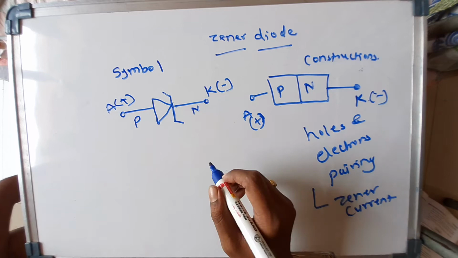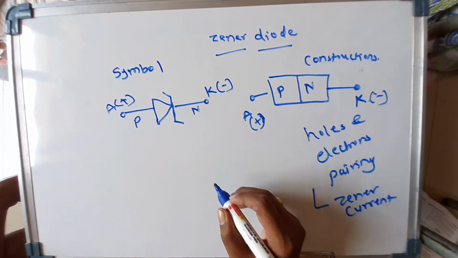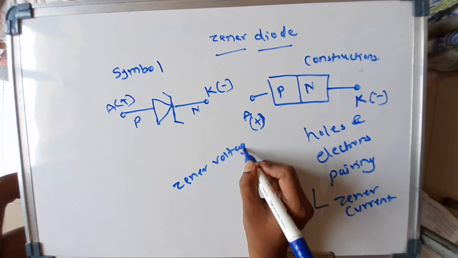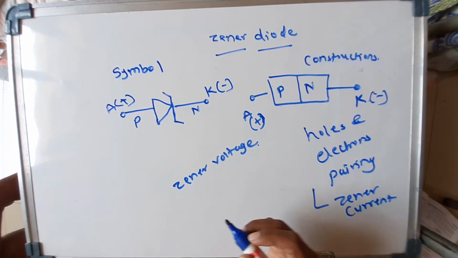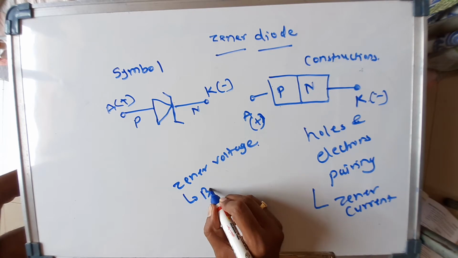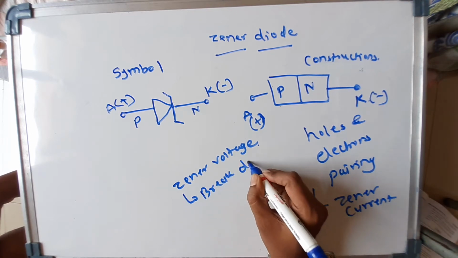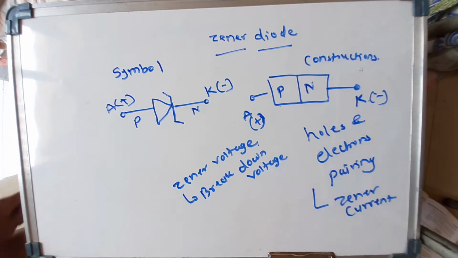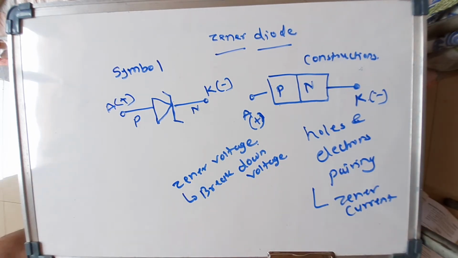And due to Zener current, the breakdown voltage will occur, that is called as a Zener voltage. Okay, or this is also called as breakdown voltage.